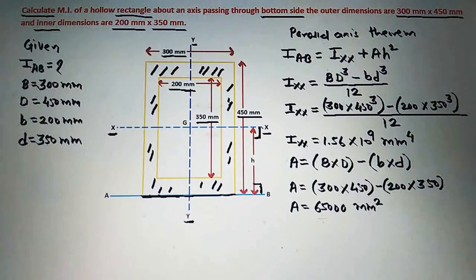So area of this hollow rectangular section is 65,000 mm square.